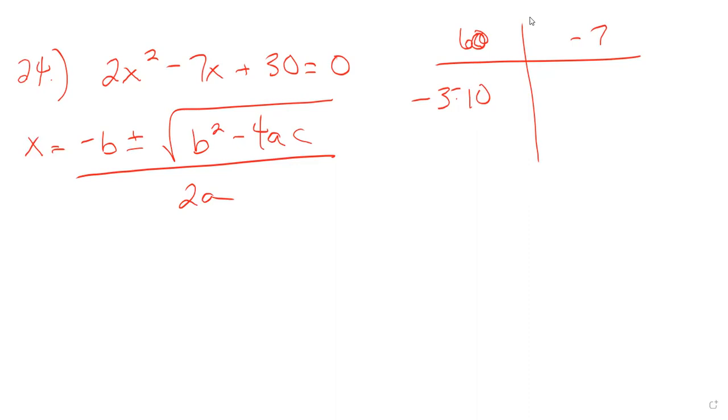The a, the b, and the c are coming from the fact that this statement's actually ax squared plus bx plus c. Again, with the quadratic formula, just like with factoring, it must be equal to 0, and we are equal to 0. At this point, I just pull out what my a, my b, and my c are. So I'm going to make a note. My a is 2, my b is negative 7, and my c is 30.